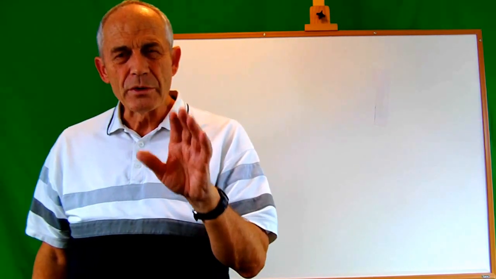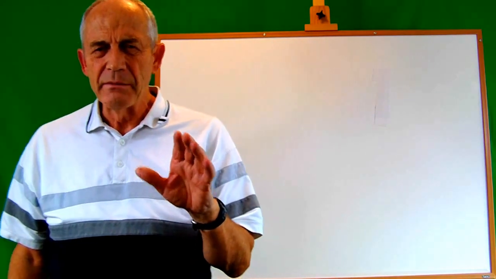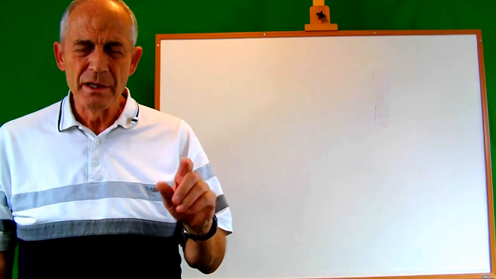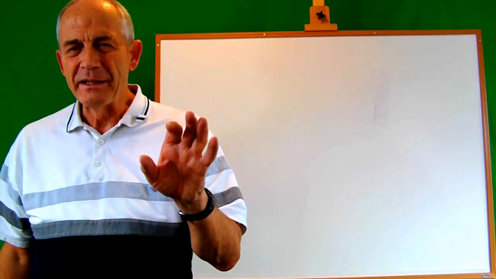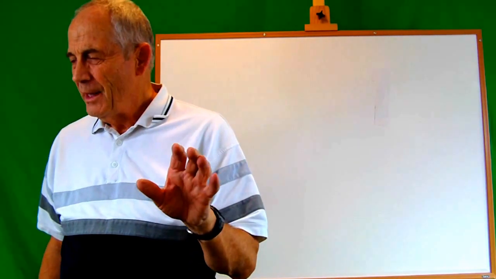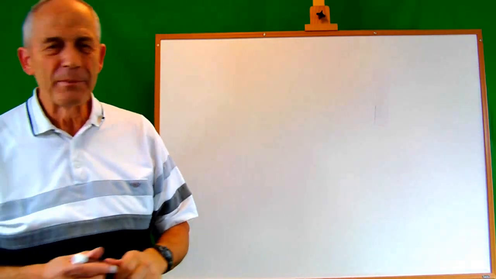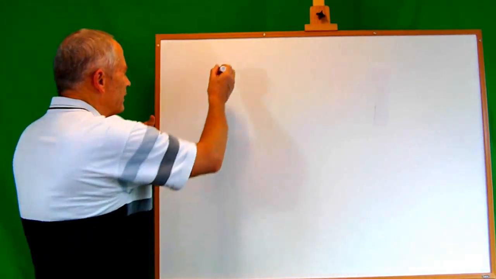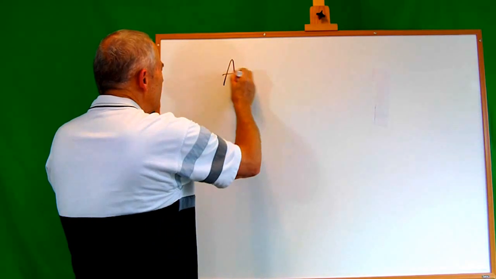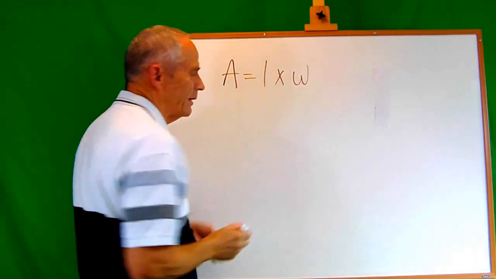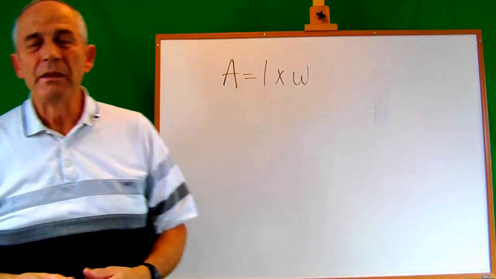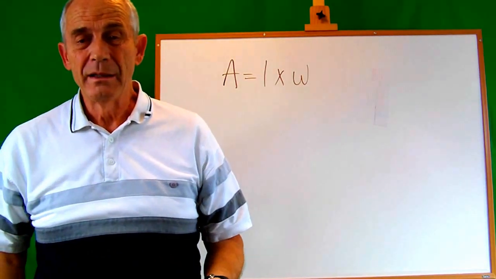So when you start thinking about the idea of evaluating formulas, what we're going to be looking for is to find the value. Now the problem is sometimes we have things, for example, like this. The area of a rectangular figure is the length times the width.